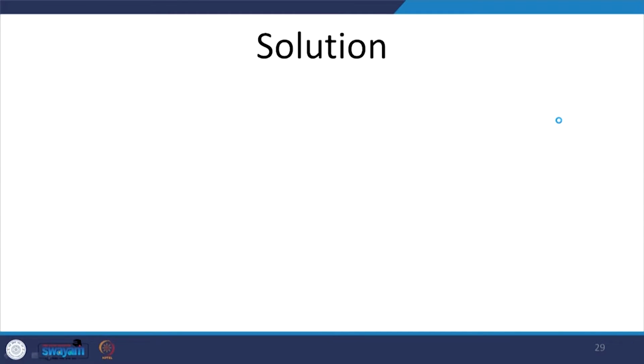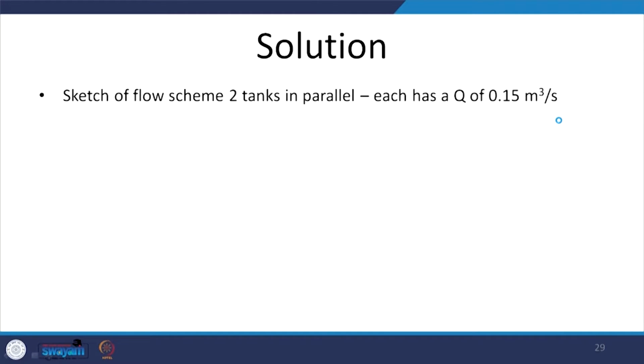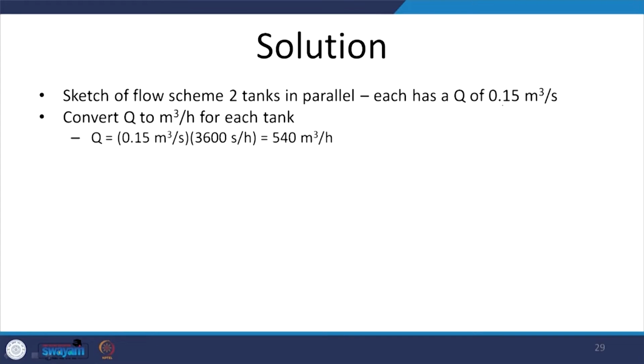Well, pretty simple calculations. Two tanks in parallel, so flow rate is half of the total. Convert Q to meter cube per hour for each tank. It looks like it was given in seconds, but our detention time was given in hours. If there are errors in the calculation, you can just correct that yourself.